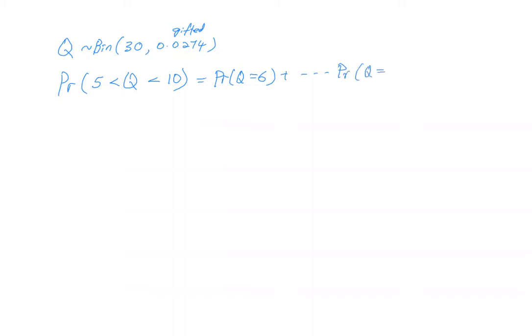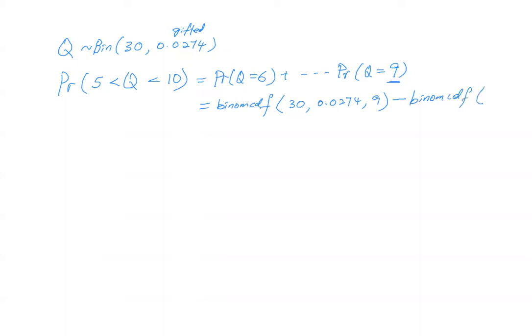Because these are talking about number of people, and number of people is discrete. So I have to take binom CDF, 9 is included. So 30, 0.0274, 9, take away binom CDF.